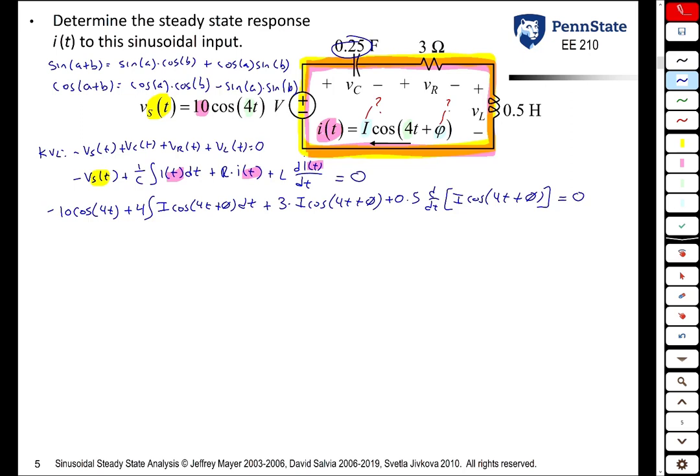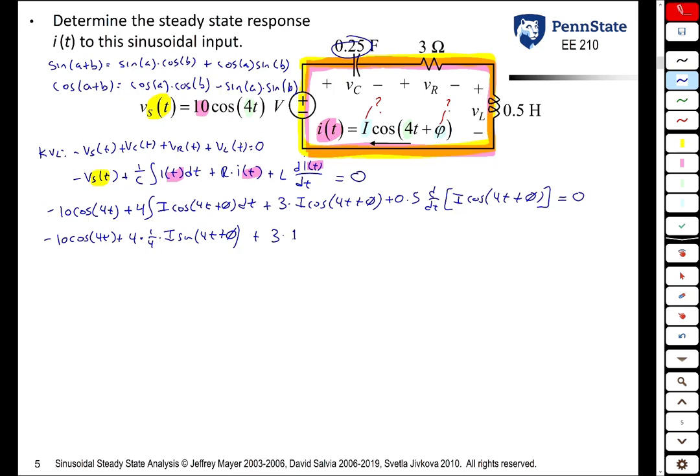So let's do this integration and this differentiation. First term doesn't change at all. The integral of cosine of 4t plus phi is going to be 1 over 4 times the sine of 4t plus phi. So this becomes 4 times 1 over 4 times I sine 4t plus phi.